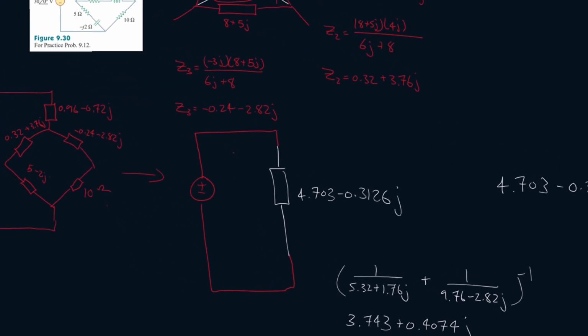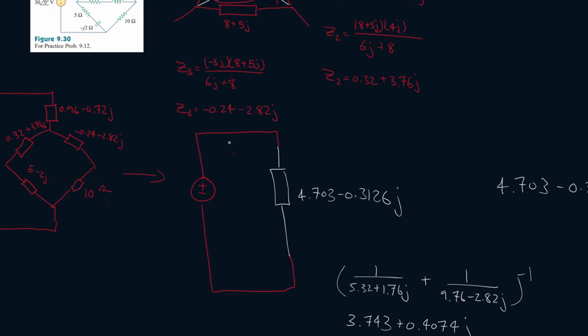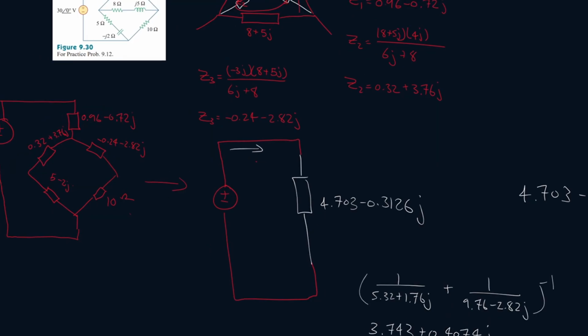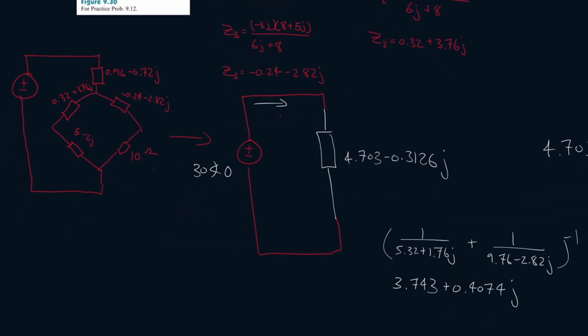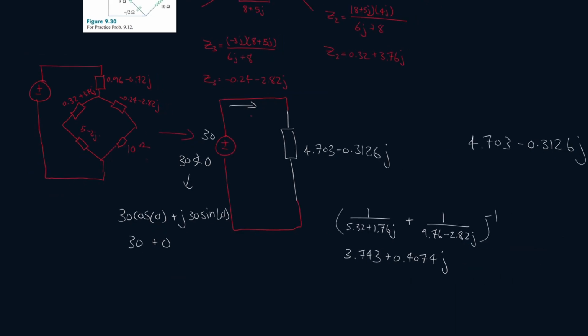Recall there's a current passing through here, and this source was 30, phasor 0. Let me get the real and imaginary numbers: 30 cos 0 plus j 30 sin 0. This is just 30, this is 0. So we'll just represent the source as 30 volts.